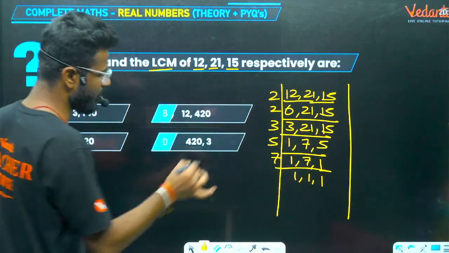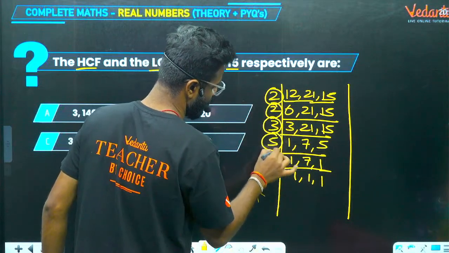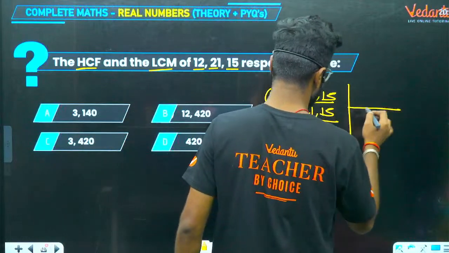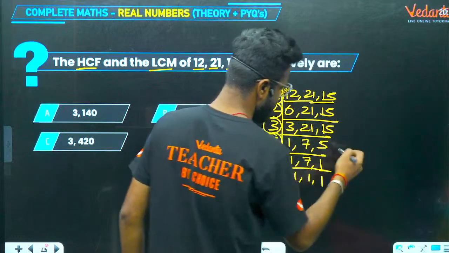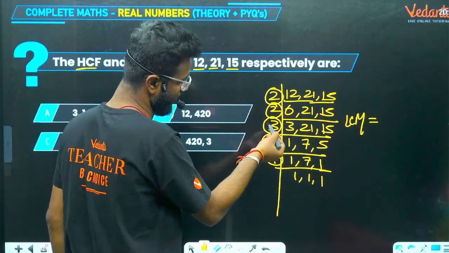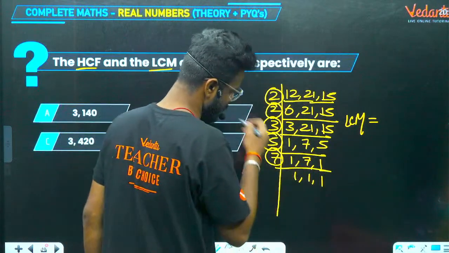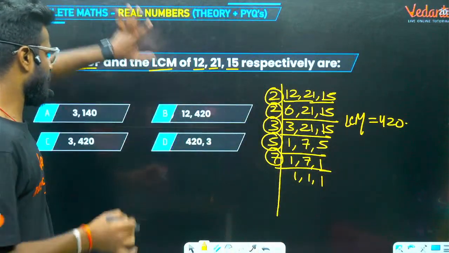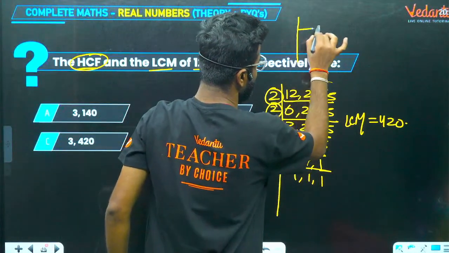So the LCM is 2 into 2 into 3 into 5 into 7. 2 2s are 4, 3 4s are 12, 12 5s are 60, 60 7s are 420. 420 is the LCM.